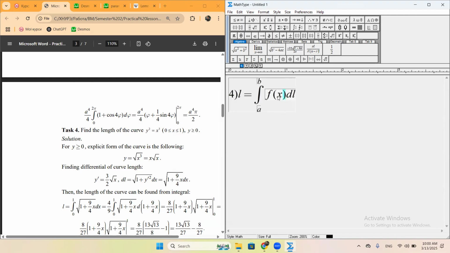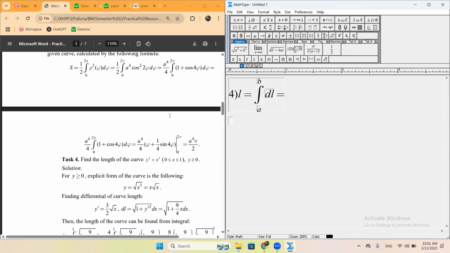We just need to calculate this. So dl is the differential of the curve length. So how to calculate this differential? For an explicit function y equals f of x, it is the following.